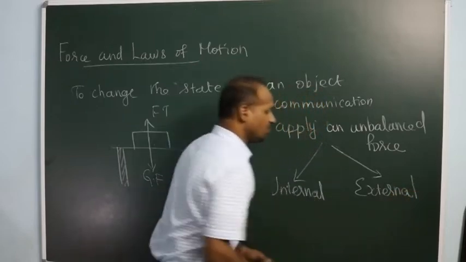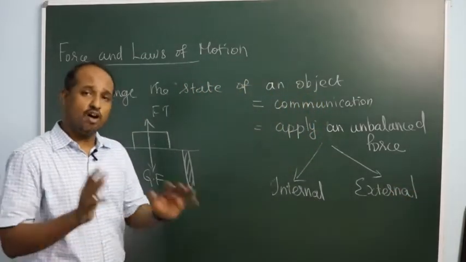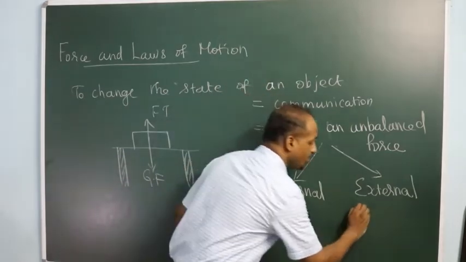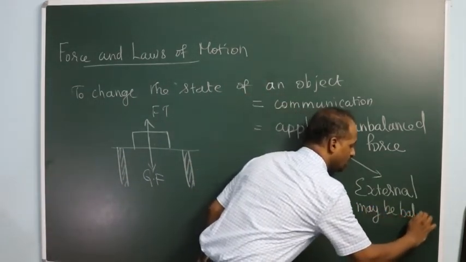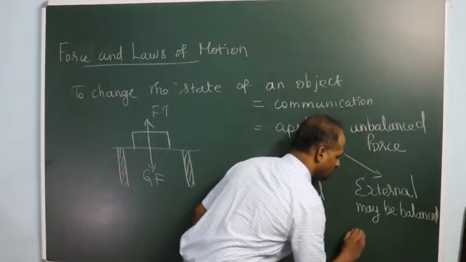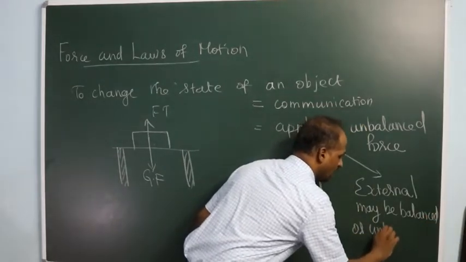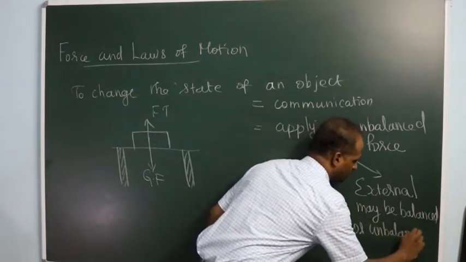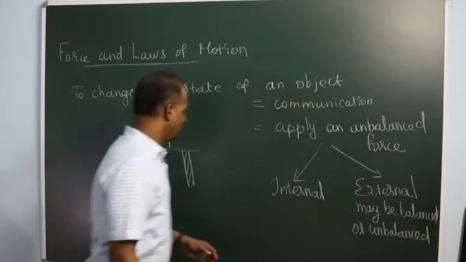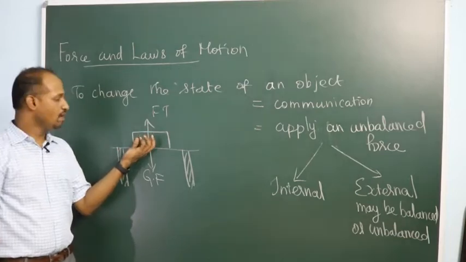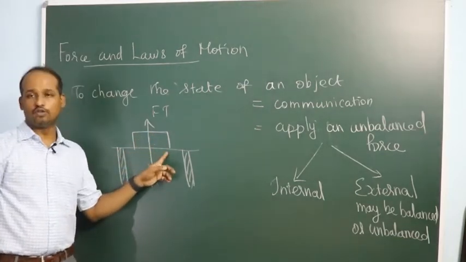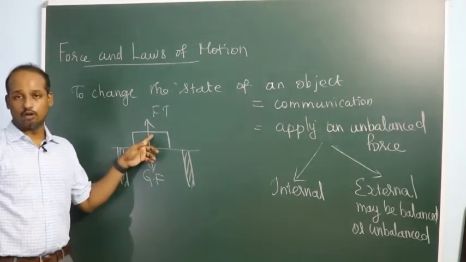When a set of external forces are acting, the set of forces may be balanced or unbalanced. Just like this case, where an external gravitational force is acting on the object, and an external force by the table is also acting on the object.